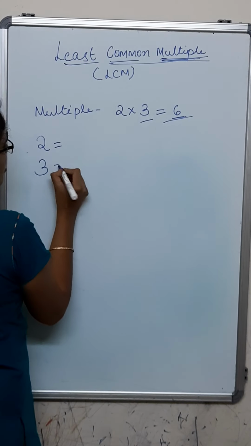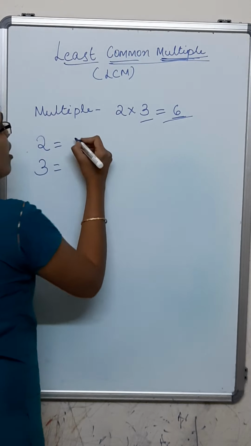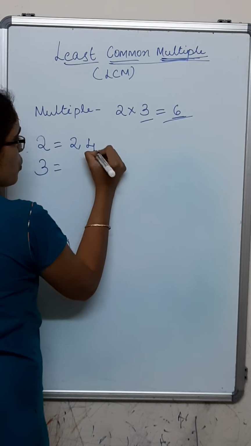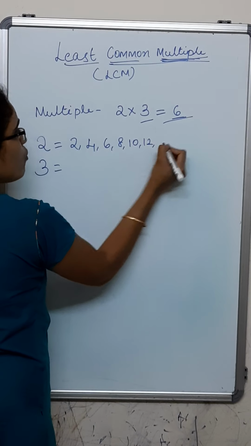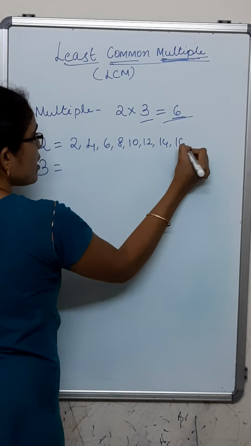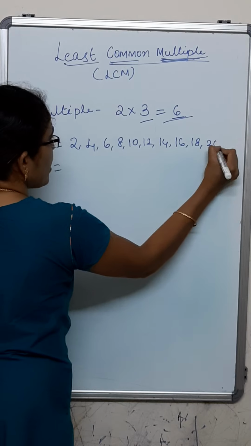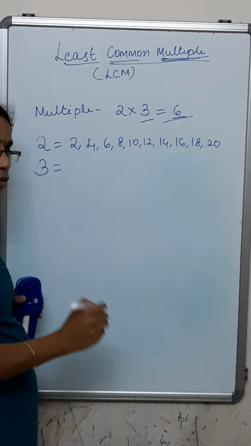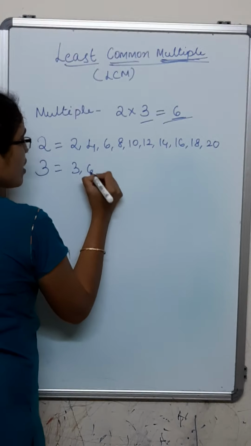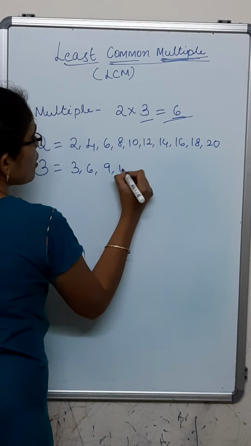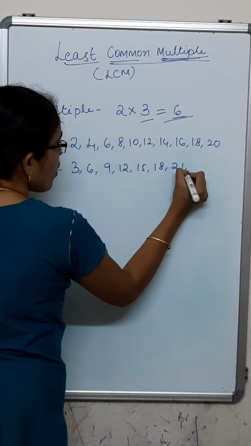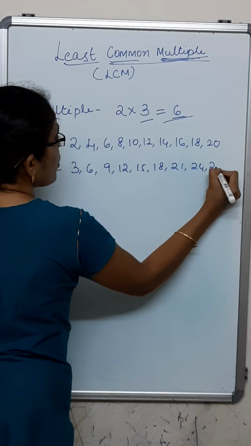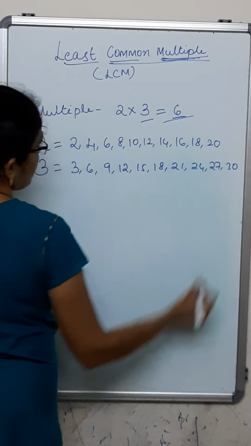Let us go on listing the multiples of 2 first. 2 times 1 is 2, 2 times 2 is 4, 6, 8, 10, 12, 14, 16, 18, 20. Multiples of 3 now, 3, 6, 9, 12, 15, 18, 21, 24, 27 and 30.